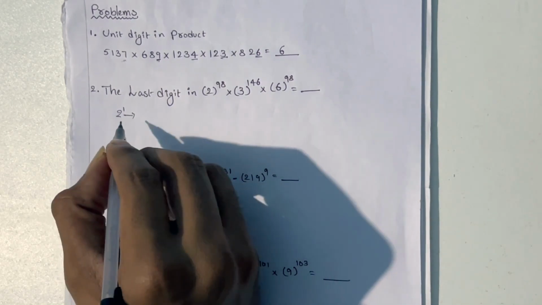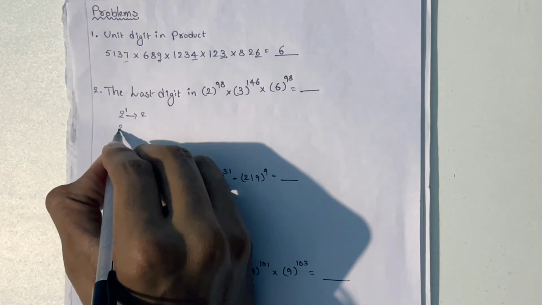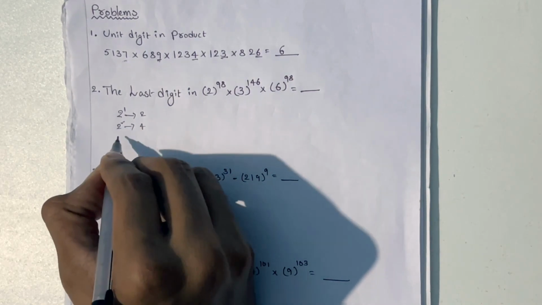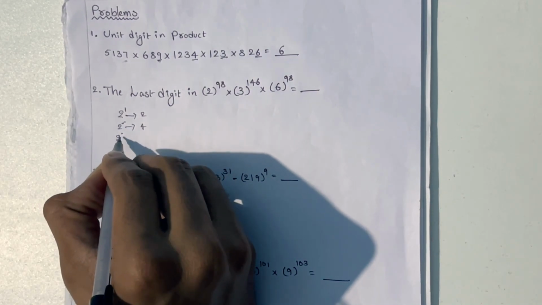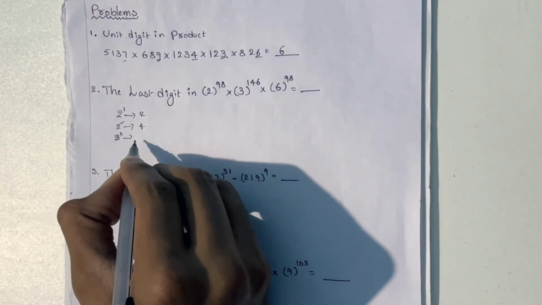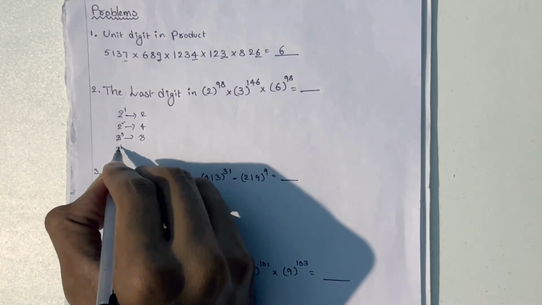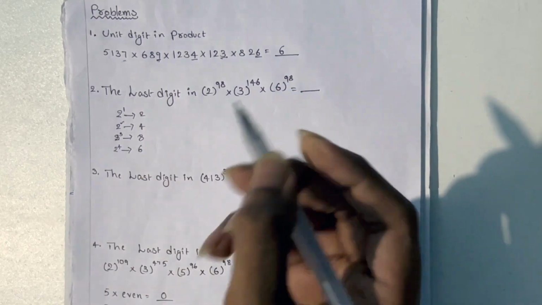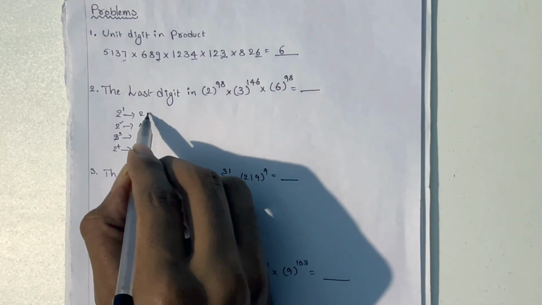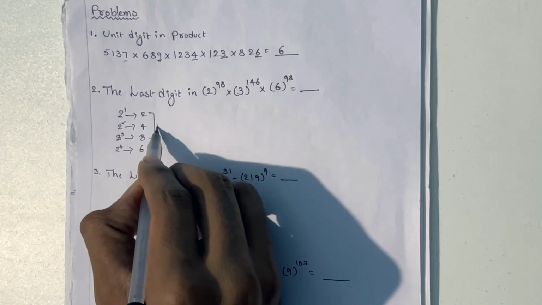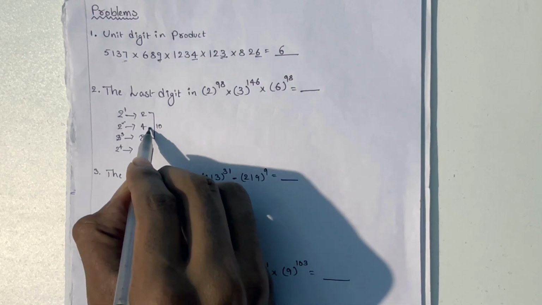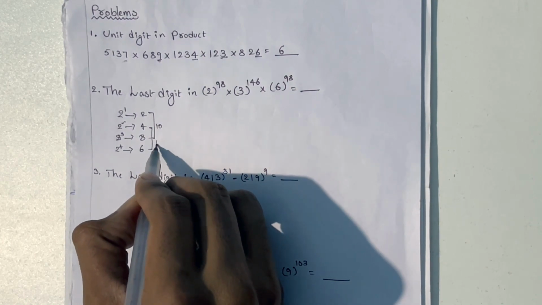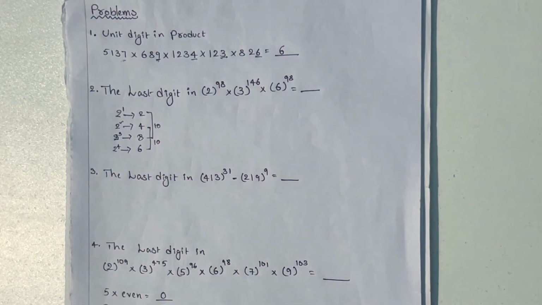2 power 1 is 2, 2 square is 4, 2 cube is 8, and 2 power 4 ends in 6. The sum of the first and third should be 10, and the sum of the second and fourth should be 10. That way you can remember these things.